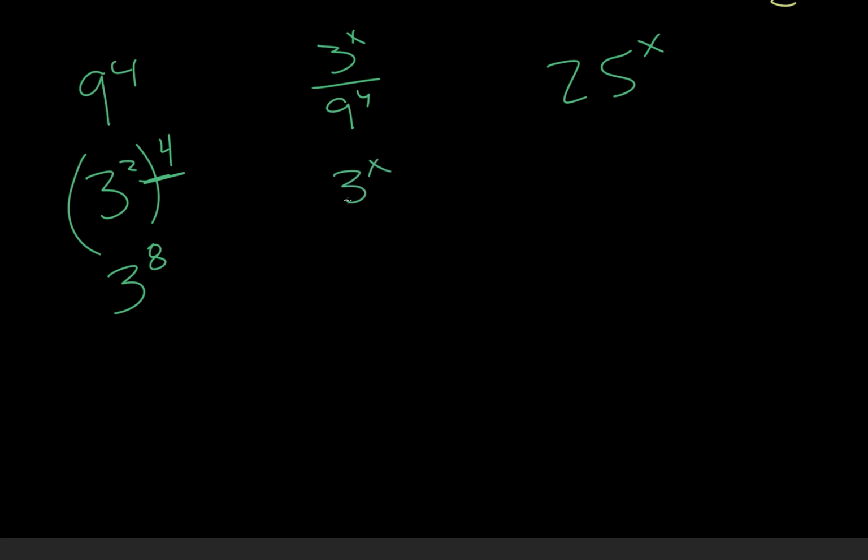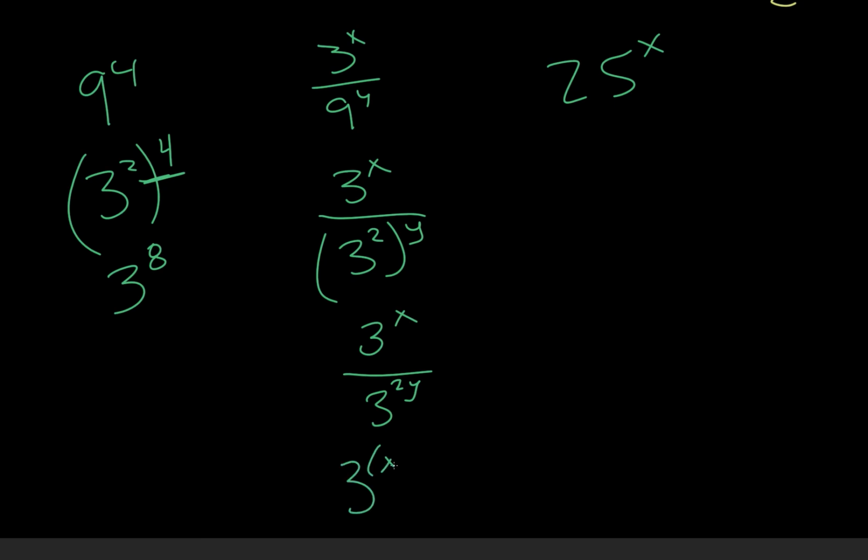So we get 3 to the x, and then 3 squared raised to the y. So we get 3 to the x, and then the bottom becomes 2 times y, so 3 to the 2y. Then we have to use our exponent rule where we subtract. So we're going to say 3 to the x minus 2y.